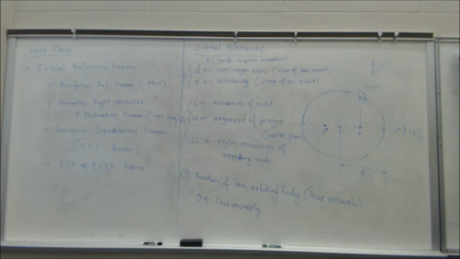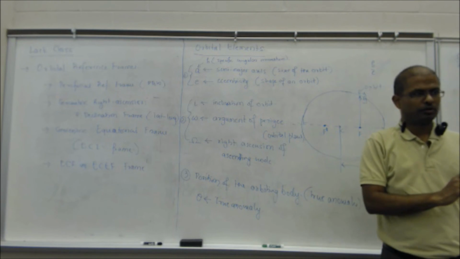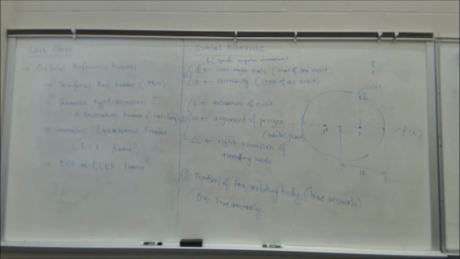H squared over mu is what? This is P. Go back and check your textbooks or your notes. We have used this relationship. When we derived the orbit equation, we came up with h squared over mu in the numerator. Even in your exams, this was given.